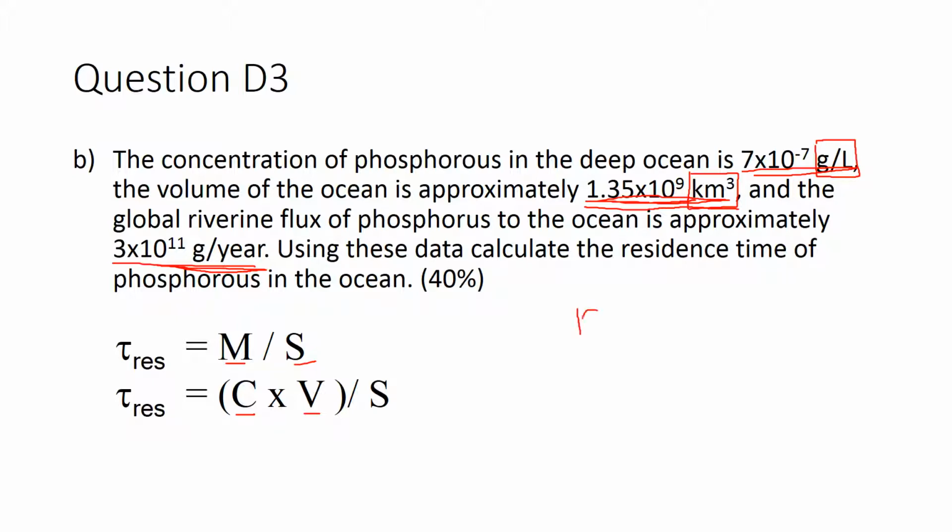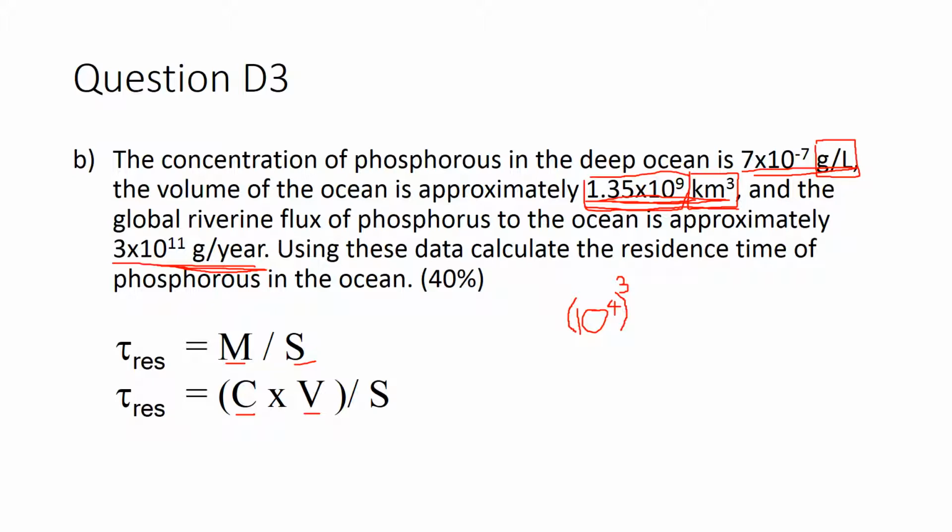Let's write that down here. 10 to the power of 4. That's how many 10 centimetres there are in a kilometre. And then because our units are cubed, if we just cube that whole lot, that's what we need to times this number here by, to get the volume of the ocean in litres.